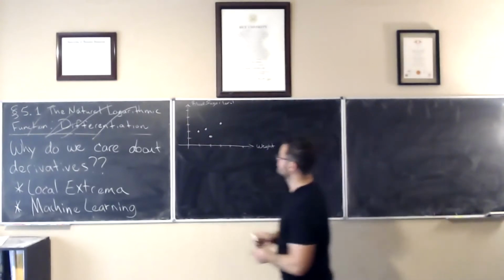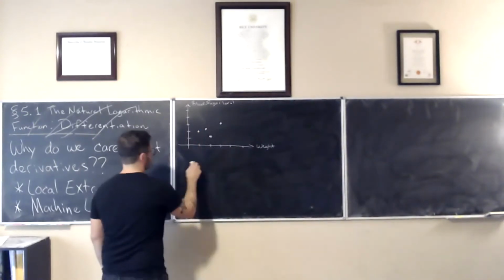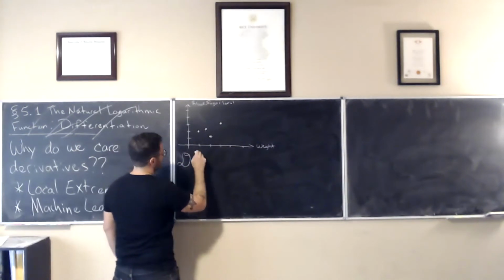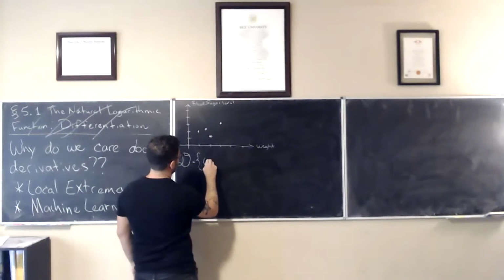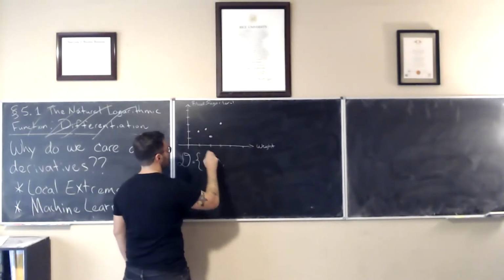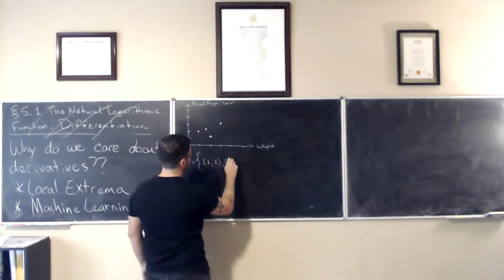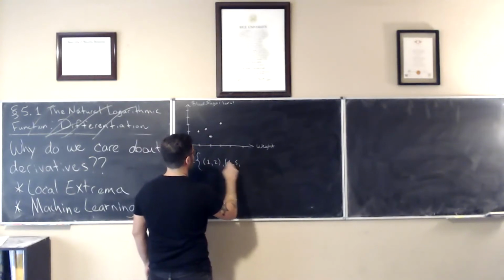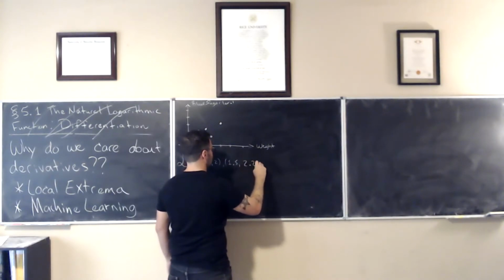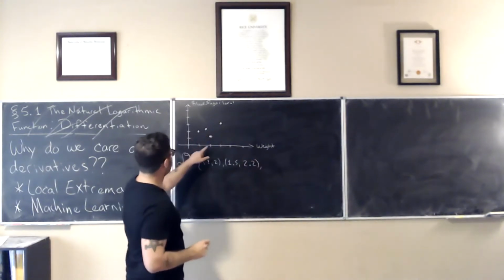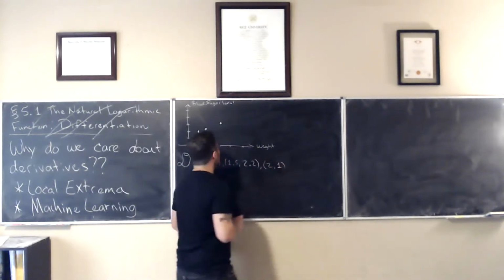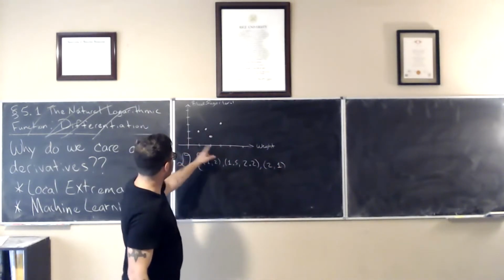Okay. So what do these points look like? So our data set looks like maybe like 1 unit here, 2 units that way, 1.5 units, 2.2, 2 units of weight, 1 unit of blood sugar level, and then 3.